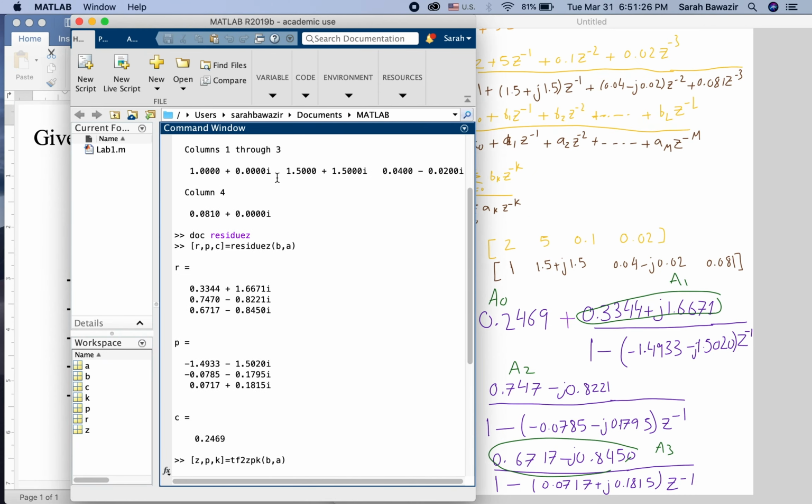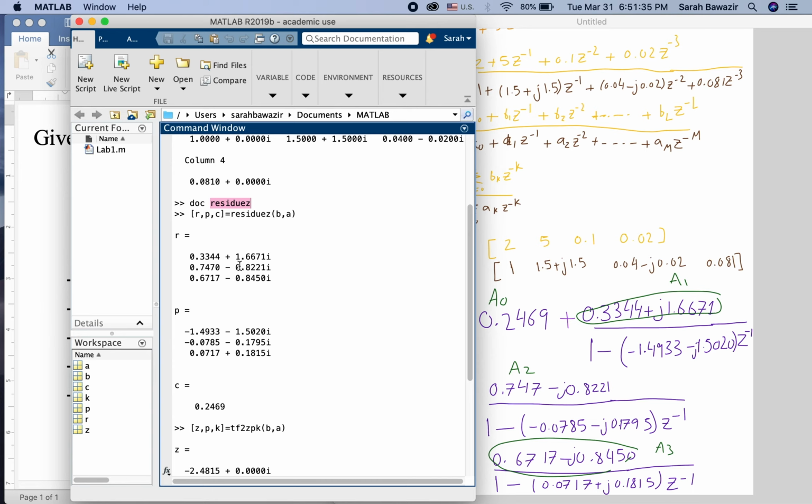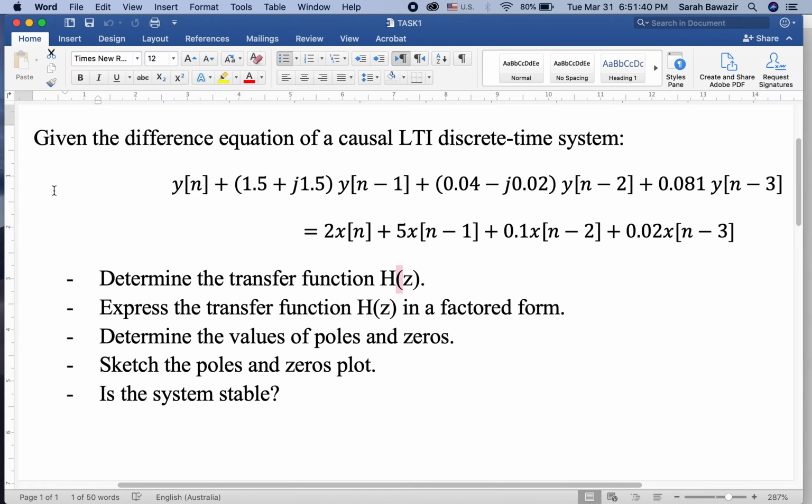This is it, residuez, to find the partial fraction expansion of the transfer function, because we were requested to express the transfer function in a factored form.